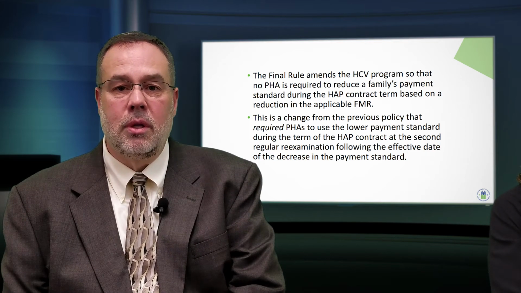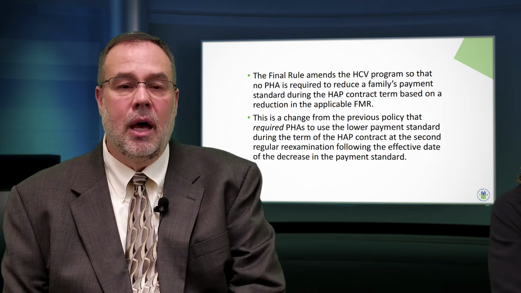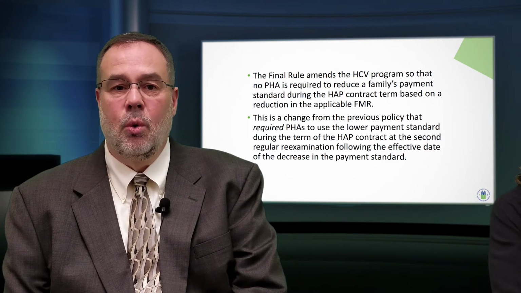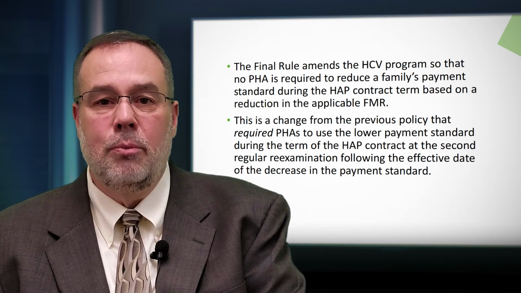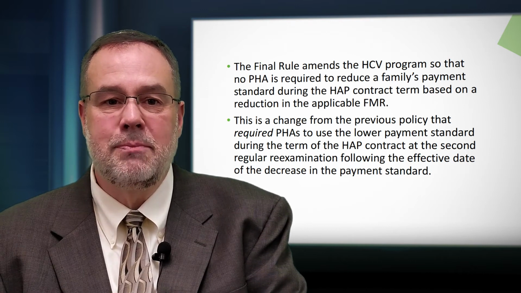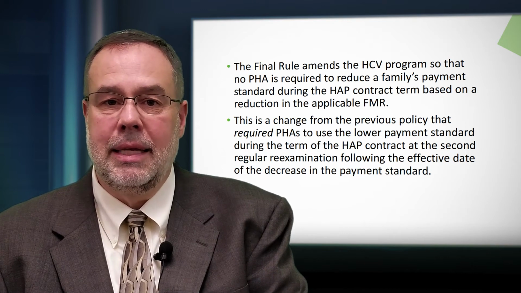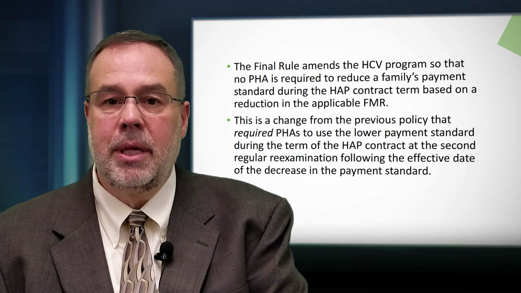The final rule amends the HCV program to reflect a provision of the Housing Opportunities Through Modernization Act of 2016, or HOTMA as it's commonly known. Under the final rule, no PHA is required to reduce a family's payment standard during the HAP contract term due to a reduction in the applicable FMR. This policy applies to all PHAs.